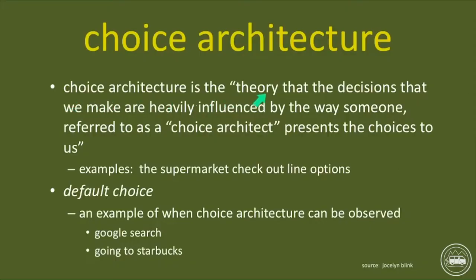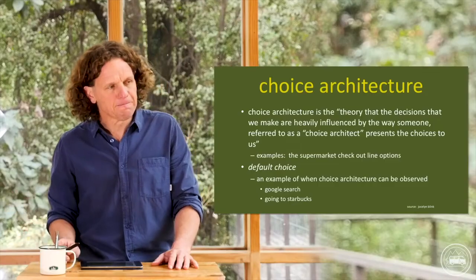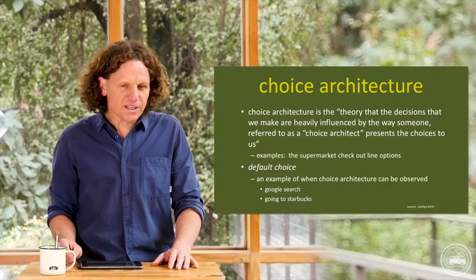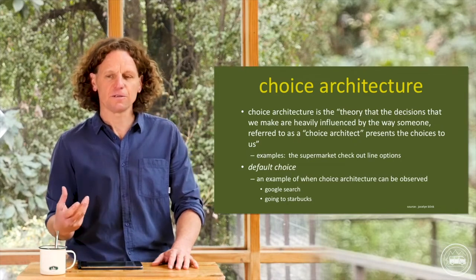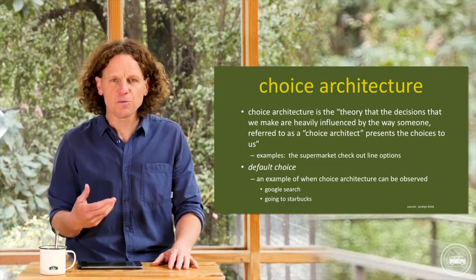Choice architecture is the theory that the decisions that we make are heavily influenced by the way someone, referred to as a choice architect, presents the choices to us, okay? An example is the supermarket checkout line, which I've talked about before. Our choices are made based on the things that we see, right? We're human beings.